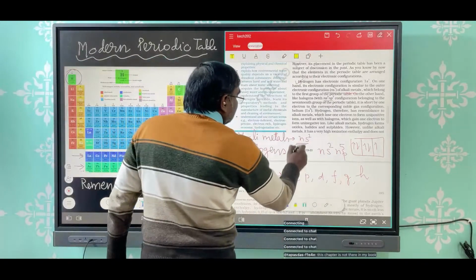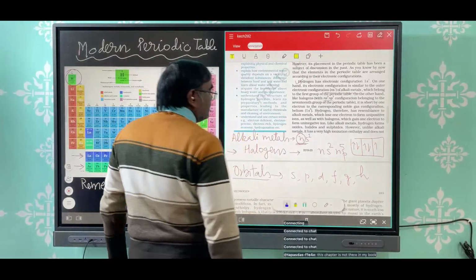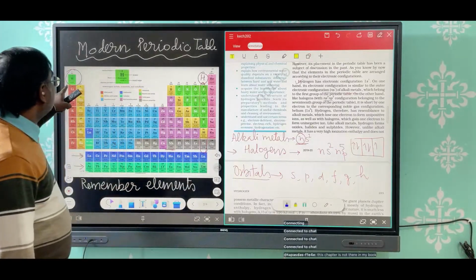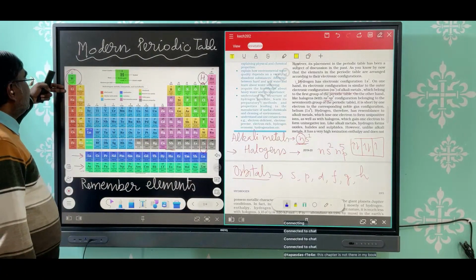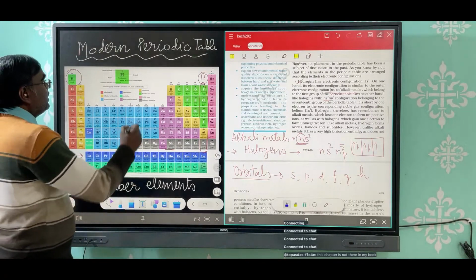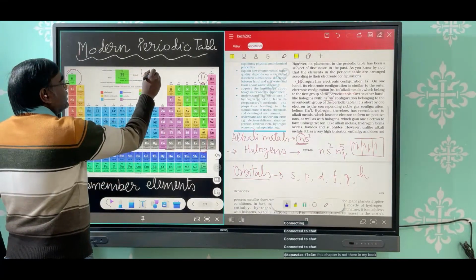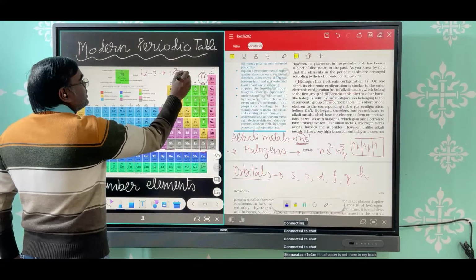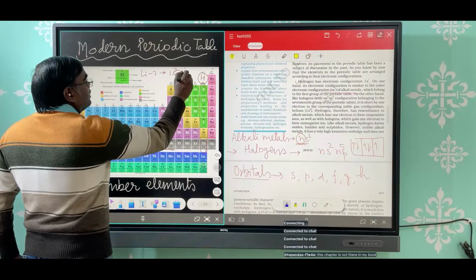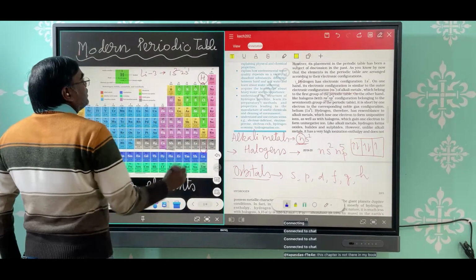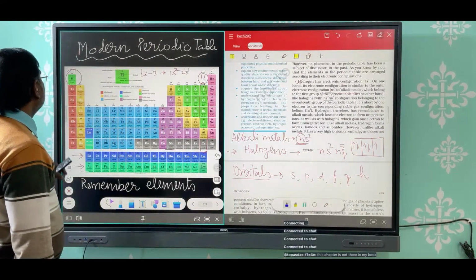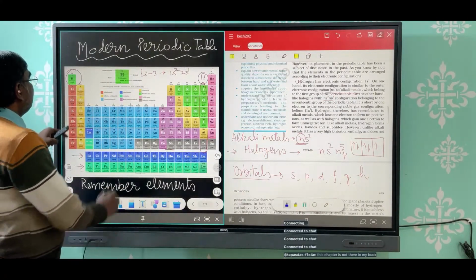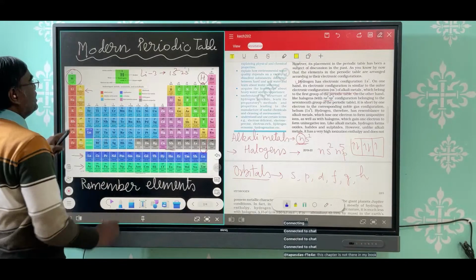And this n, what does it show? It shows the period number. So 1s1 means first period, and if you take lithium, it has atomic number three, so the electronic configuration is 1s2, 2s1. So, second period, right? 2 means period number 2.